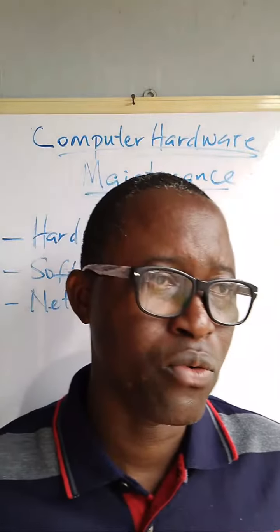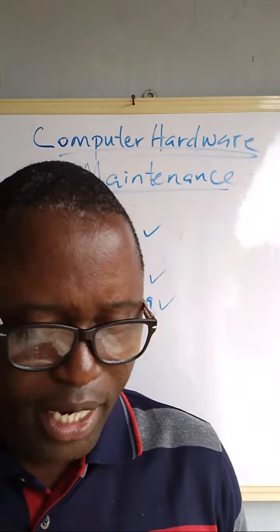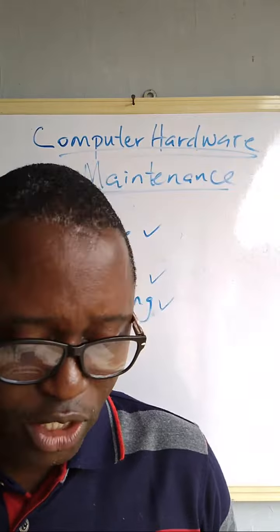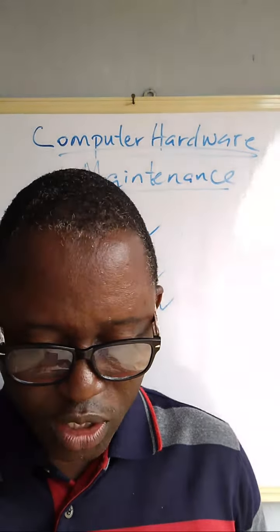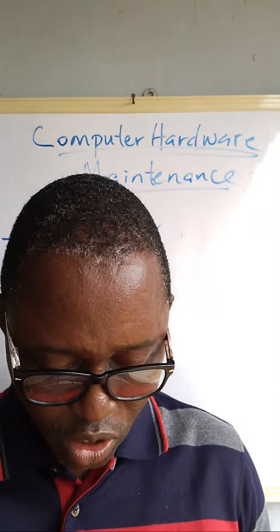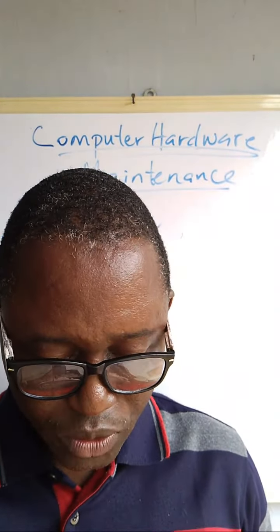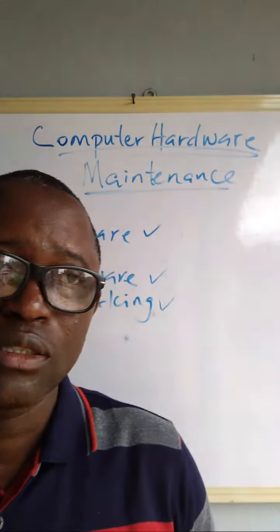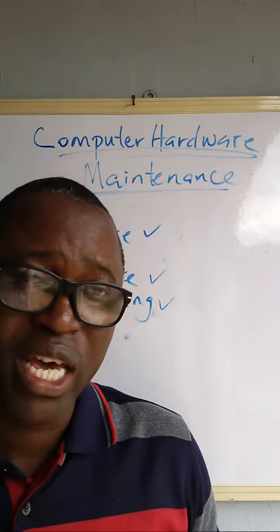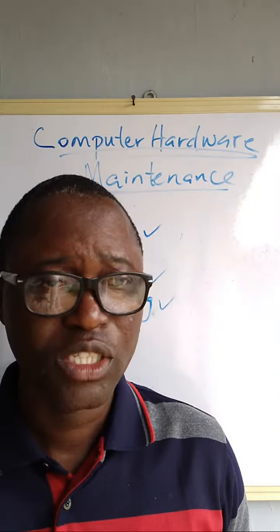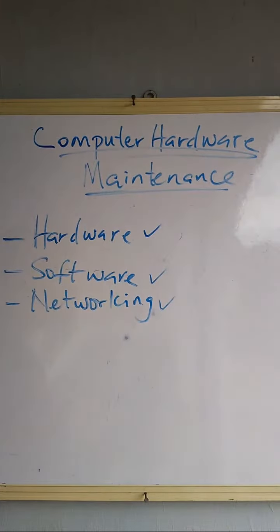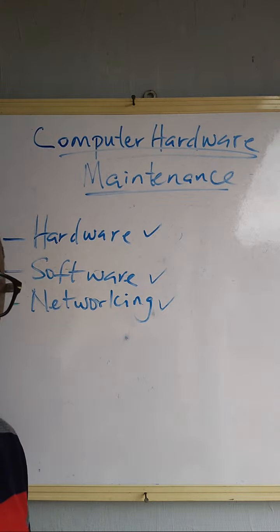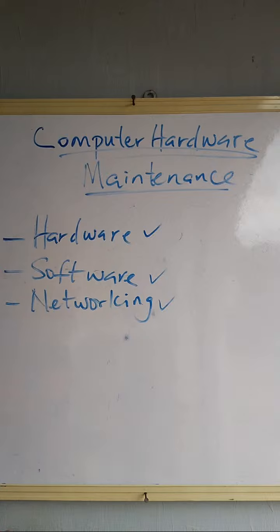And so when this happens, we need to carry out what is called defragmentation. Defragmentation of the computer system is a simple way by which we can make the software work again if the problem that arises is actually due to fragmentation of the software stored on the hard drive.